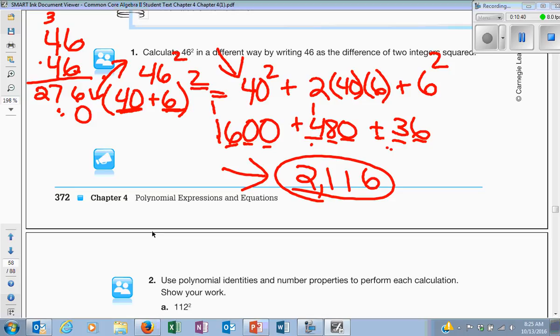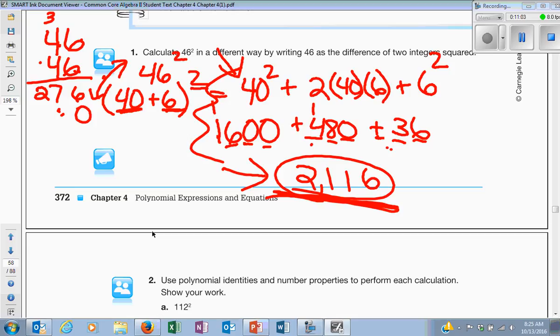Did everyone hear that? I'm going to repeat it. It's even on the video, so I have proof. If you put this number down without showing this work, it will be marked completely wrong. Not partial credit, not anything. Wrong. You must show your work.